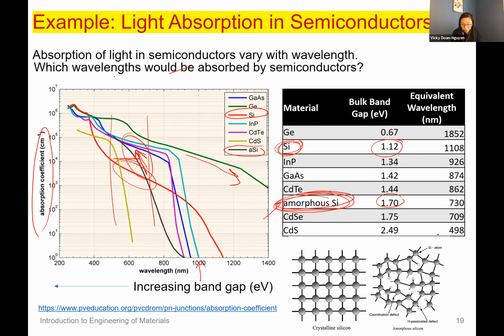Now, people have known this since the 1970s, actually. The other thing you might want to consider is, why do people still make crystalline silicon, or why can you still buy crystalline silicon? One of the reasons is the thermal conductivity, how your material handles heat.